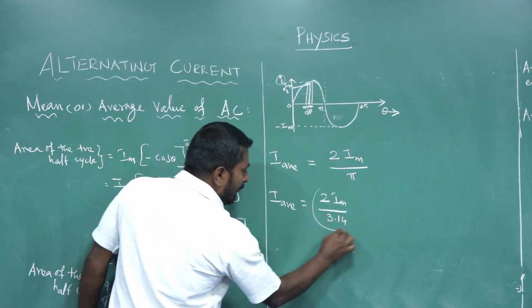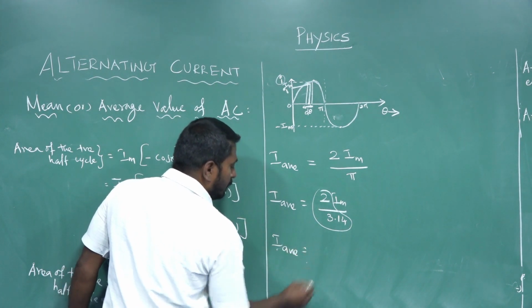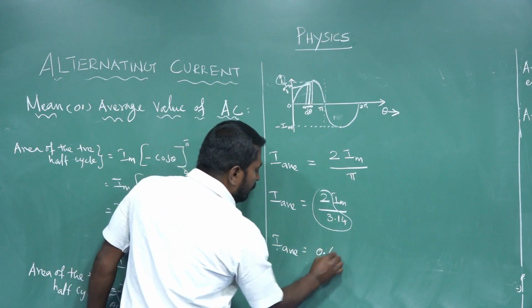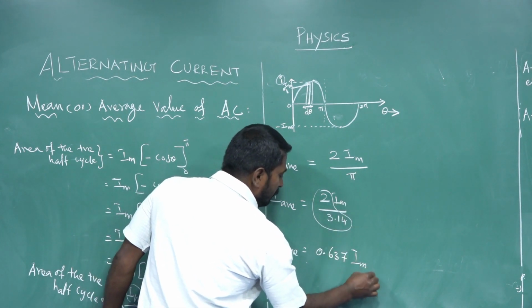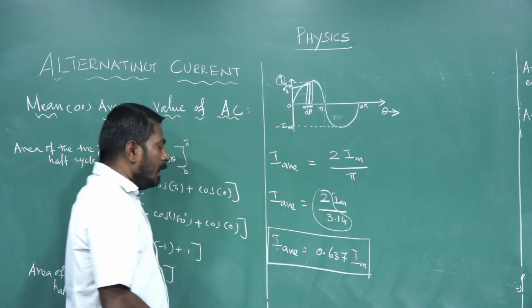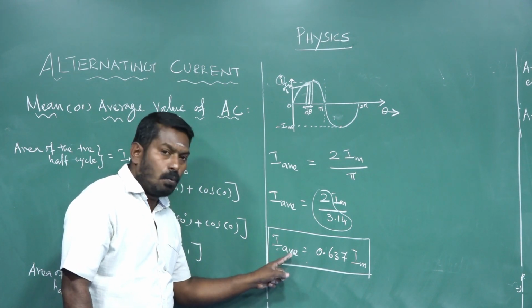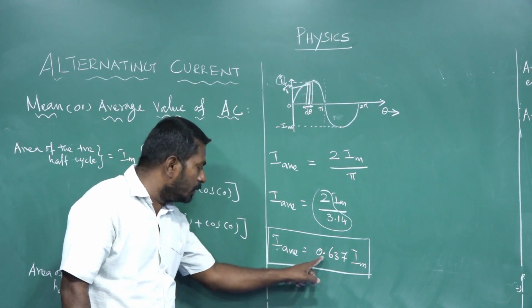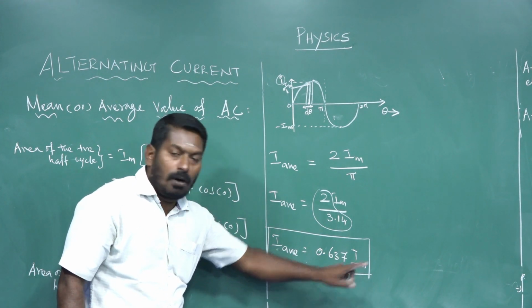So 2 divided by 3.14, I average is equal to 0.637 times Im. This is an important expression: the mean or average value of alternating current over a positive half cycle is equal to 0.637 times the peak value.